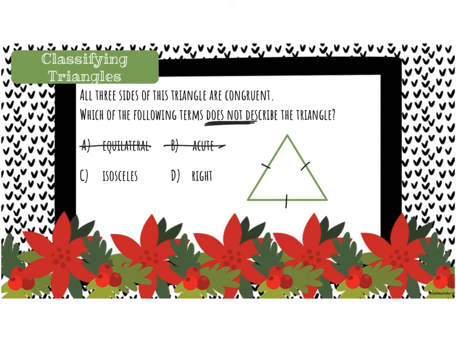Yes, because all three sides are equal, which means it also has to be considered isosceles. So therefore, yes. You asked if this would be a right triangle. That's correct. This is the only one that does not describe the triangle shown. There is not a single right angle in that triangle. We feel good about this so far?